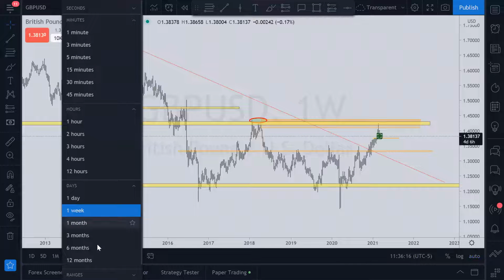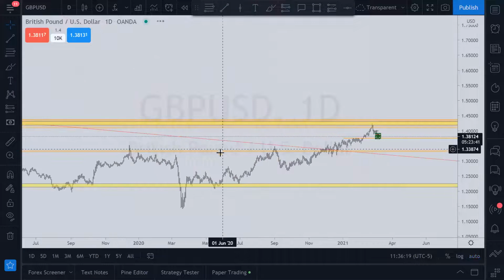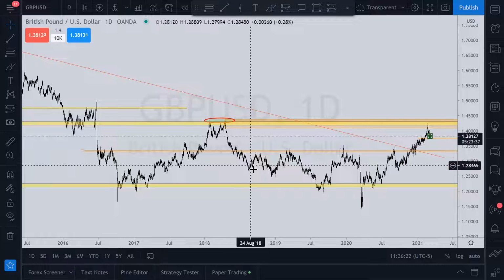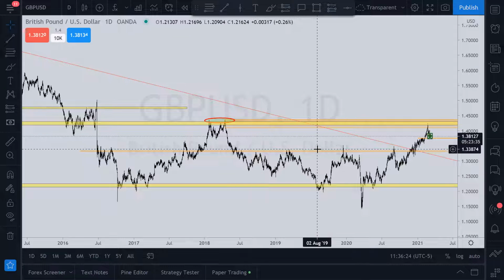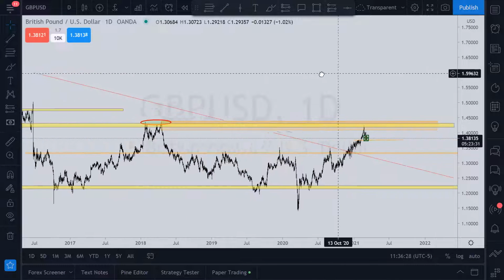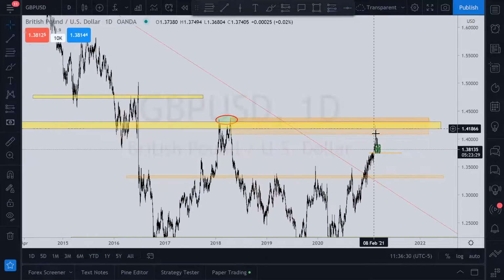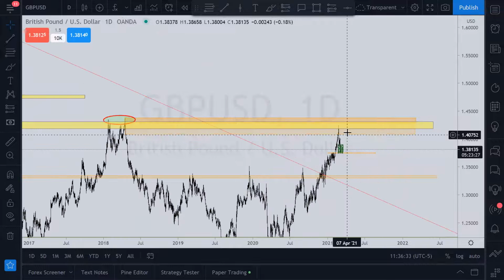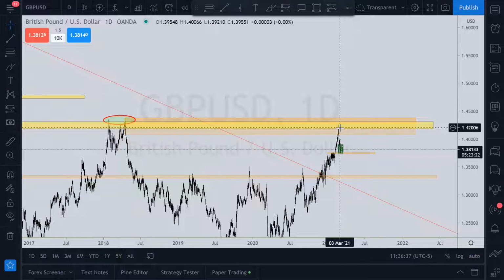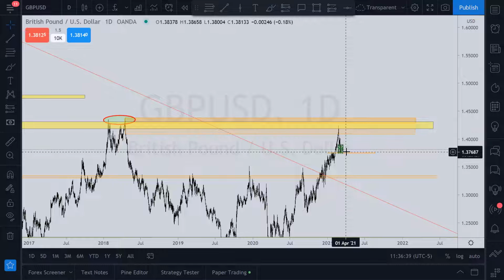Let's look at the daily, and you can clearly see that double top and that strong bearish reaction from that level. So we are at that level again over here, and you can see the wick, the wick of rejection and the strong reaction from that area.